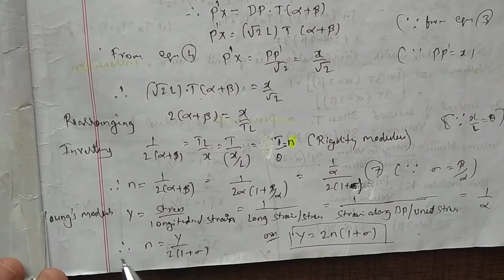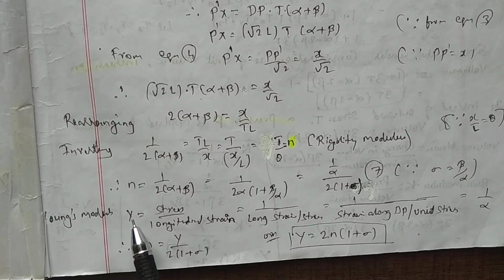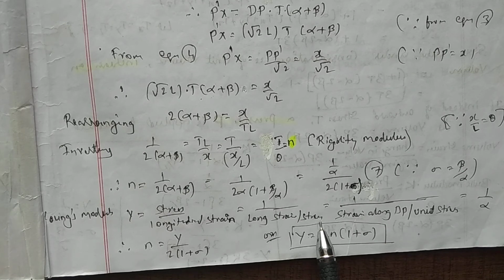Now coming back to the basic definition of Young's modulus, Y is equal to stress by longitudinal strain. This may be rearranged as 1 by longitudinal strain divided by stress, the numerator coming into the denominator.